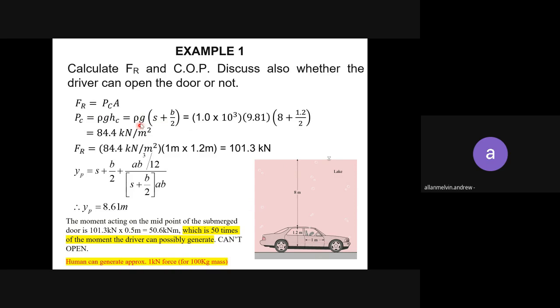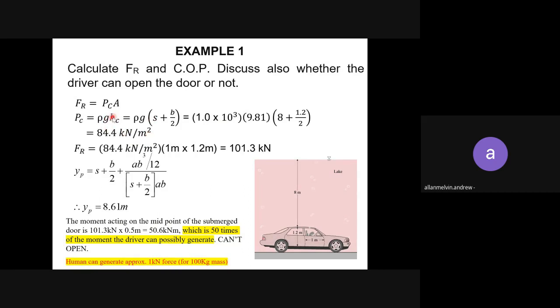By substituting the value, you can find what is PC. It is said a lake, so we assume it is water. So we take the density of water, 1000. Gravity is 9.81. S is 8 meters, and B is 1.2, divided by 2. By solving this, you get 84.4 kilonewton per meter square.